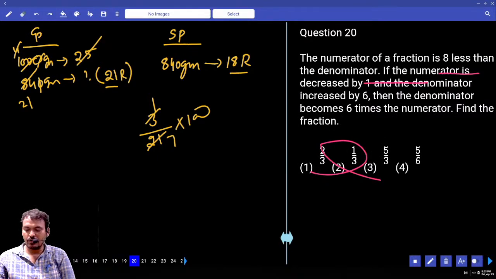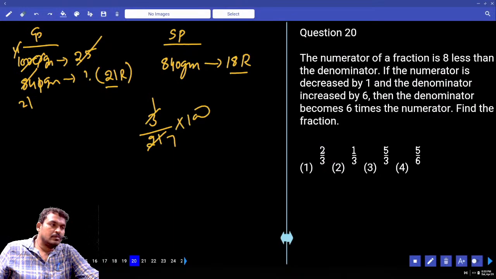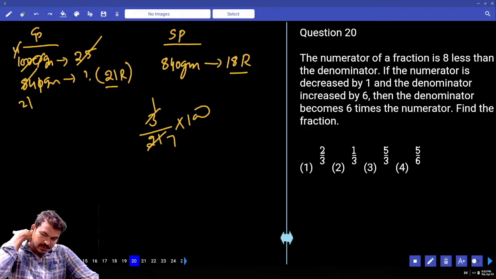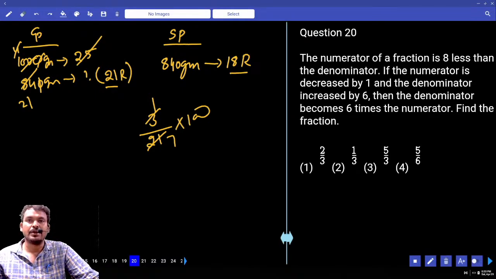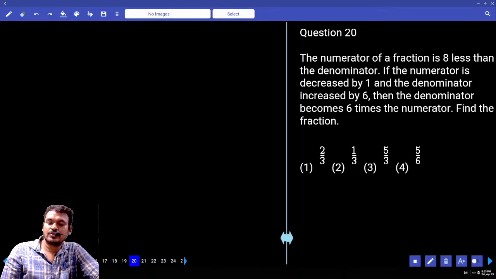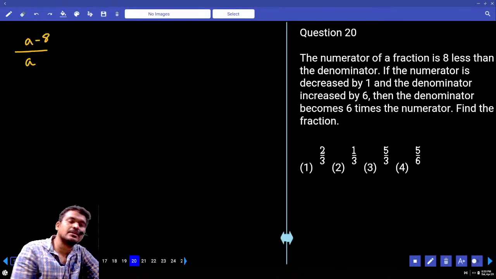Next, question number 20. The numerator of a fraction is 8 less than the denominator. If the numerator is decreased by 1 and the denominator is increased by 6, then the denominator becomes 6 times the numerator. Suppose the denominator is A, then the numerator is A minus 8.